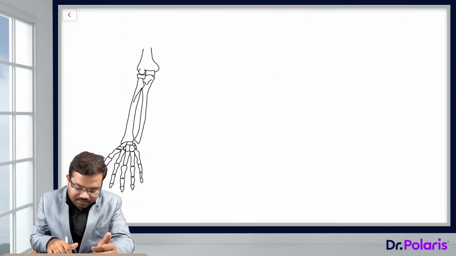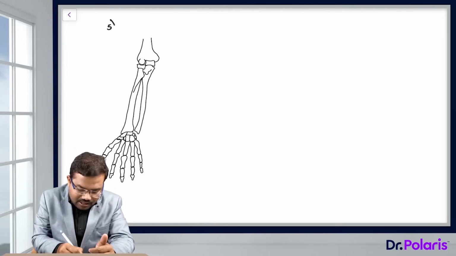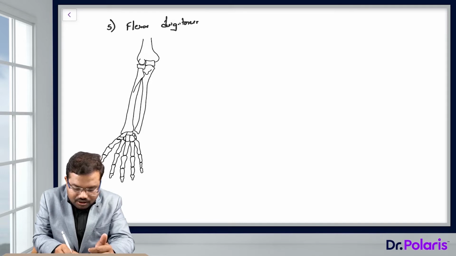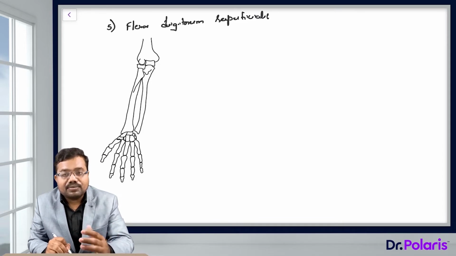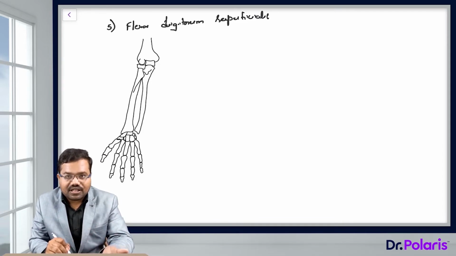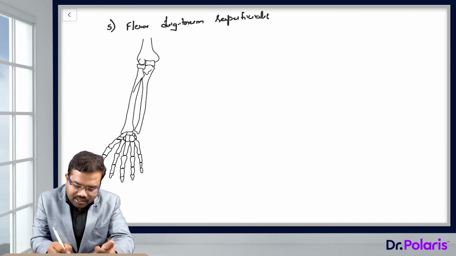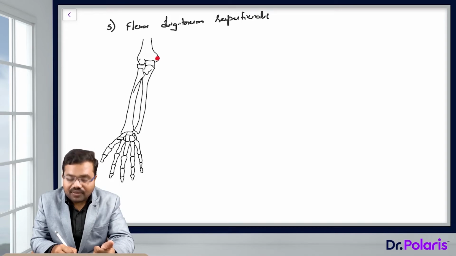And finally the fifth muscle in the superficial part is flexor digitorum superficialis. As it supplies digits and is present on the superficial side, that's why it's called flexor digitorum superficialis. It has a vast extension of its origin. One is at the level of the medial epicondyle of the humerus.